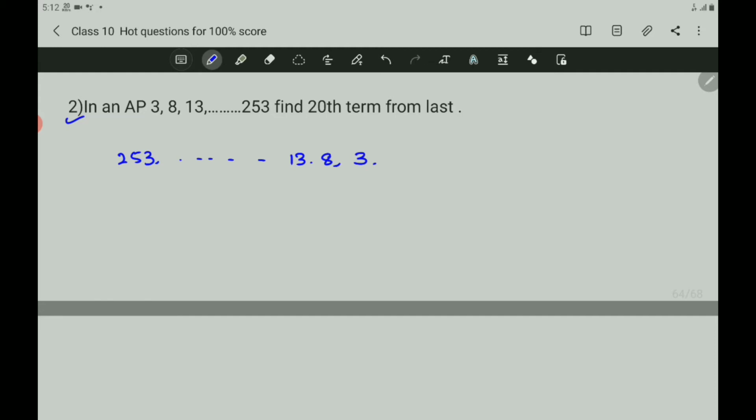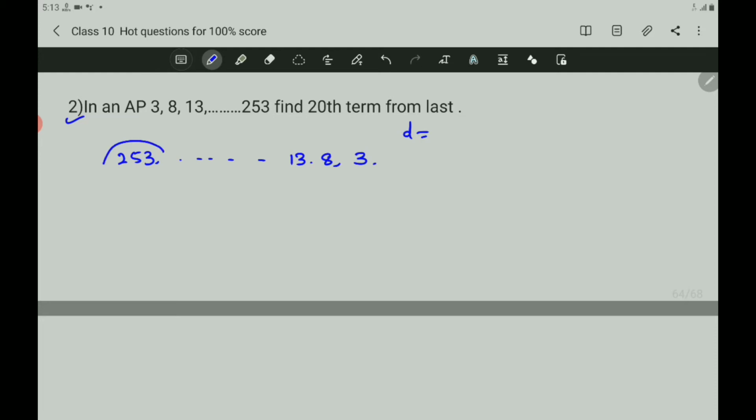Here you observe the value of d. If you start from 3, then d becomes 8 minus 3, which is 5. But if you take 3 minus 8, d becomes minus 5, because the numbers are in decreasing order, so d becomes negative.